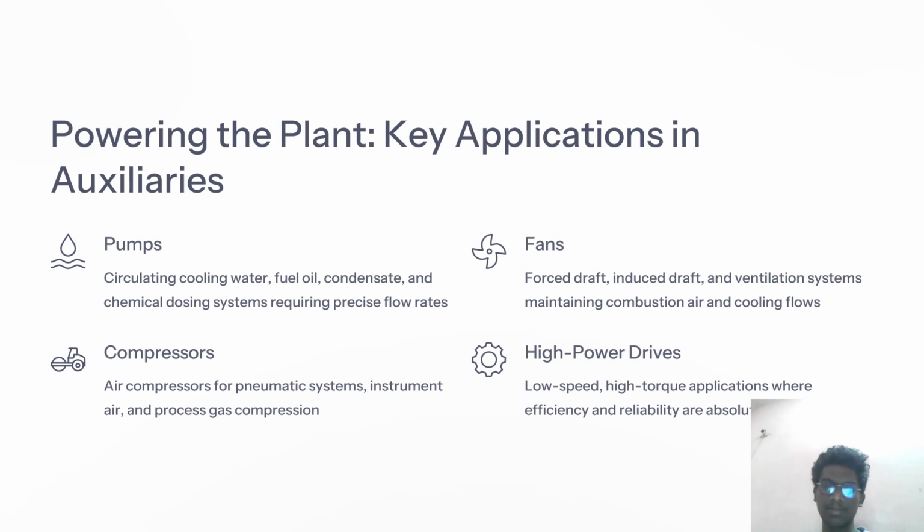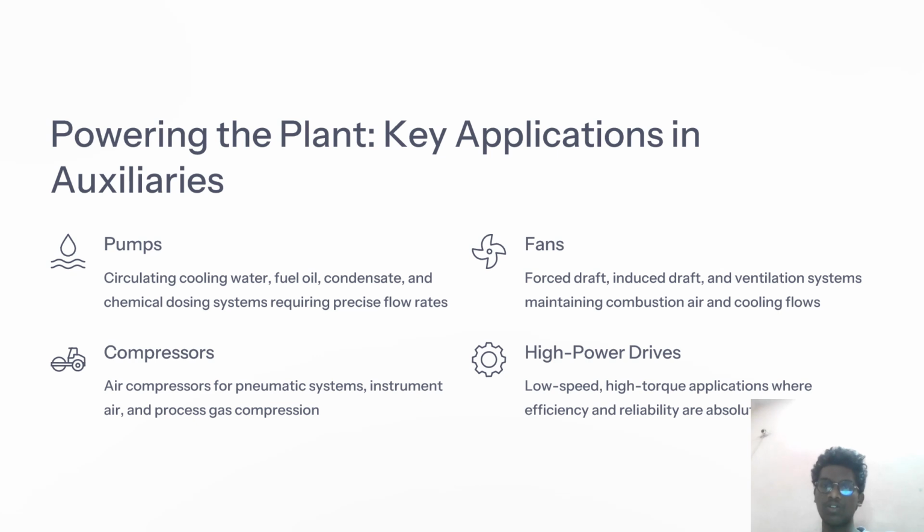High power drives are mainly used in cranes, elevators, lifts, etc. Pumps are used for coolant for the synchronous motors. Fans: in the power plant, we can see forced draft and induced draft fans.